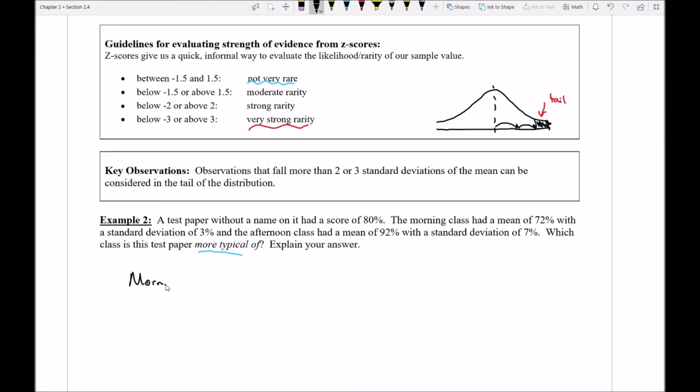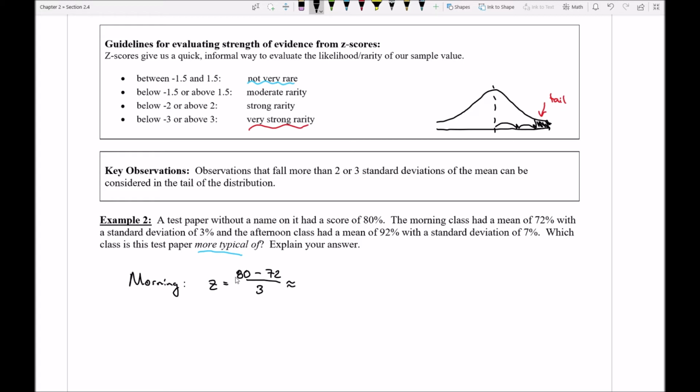I'm going to go ahead and calculate a z-score associated with the morning class. So here, if I calculated my z, notice I'd be taking the test paper I want to use. That represents my value of x. I would subtract the morning average of 72 and divide by the value of 3. Now again, you can double check this on a calculator.